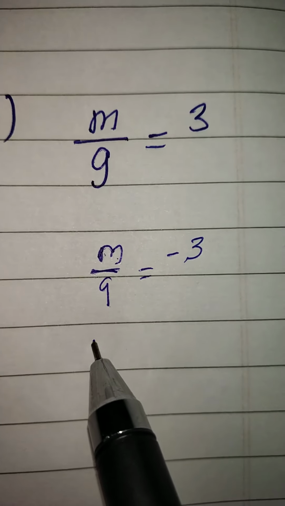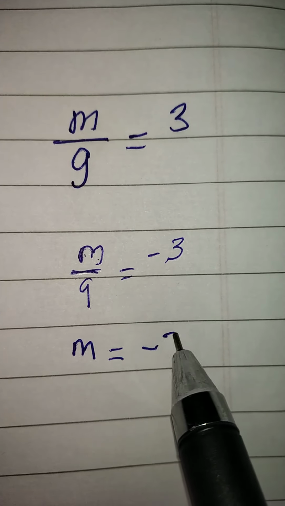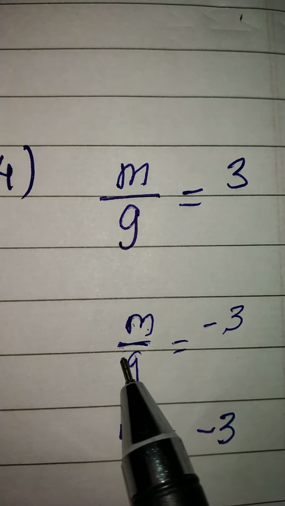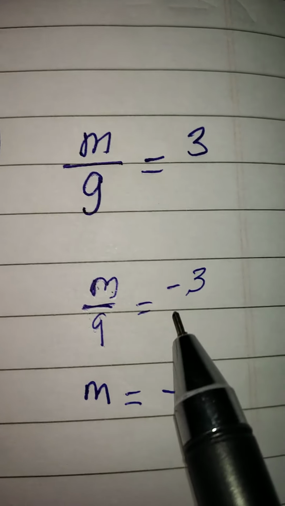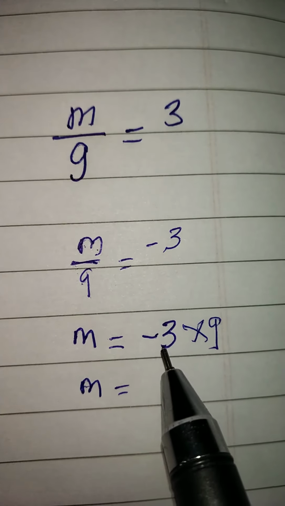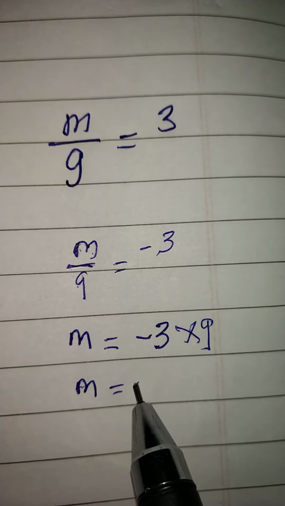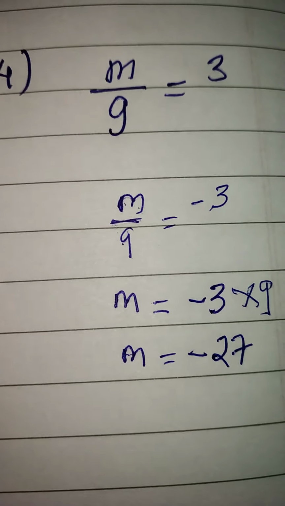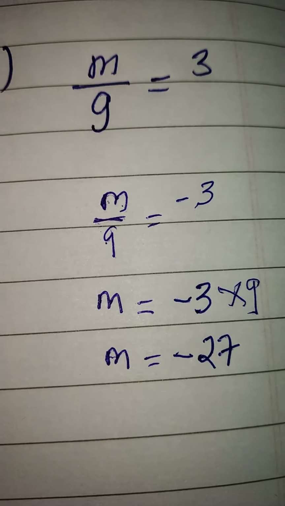So here m is equal to minus 3, which is already on the right hand side, so I'll write that. Then this is 9 with the division symbol, it will change into multiplication. Now m is equal to minus times plus, minus, right? 3 nines are 27. So here the value of m is minus 27.